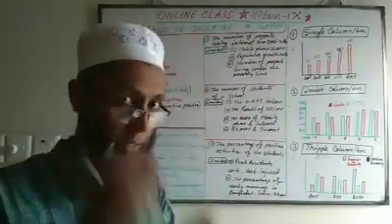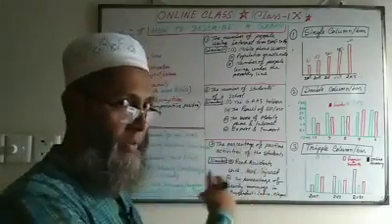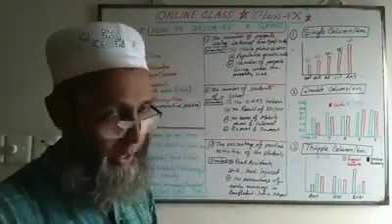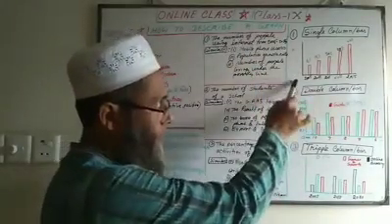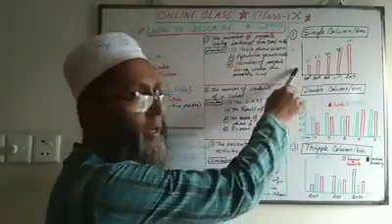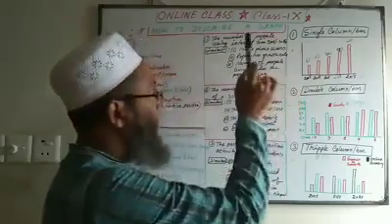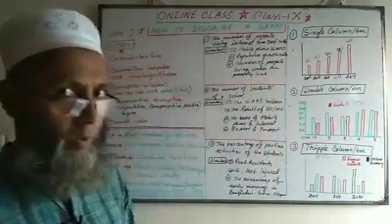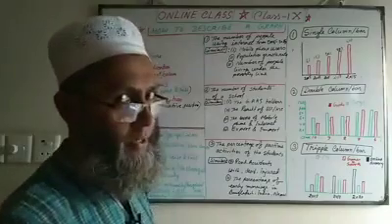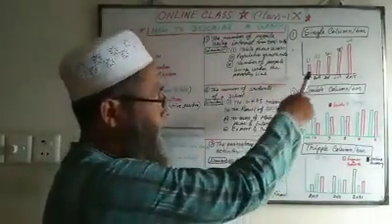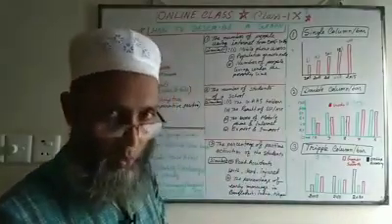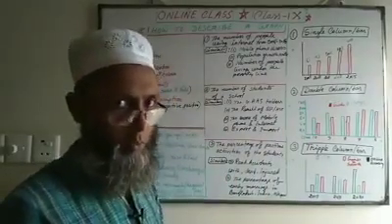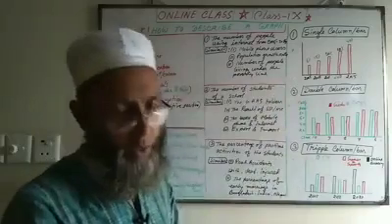Okay, I repeat, what may be the first introductory line according to this question. Say for example, this is that graph. Now I can write in this way: the graph above, or the graph below, or the graph in the question paper.